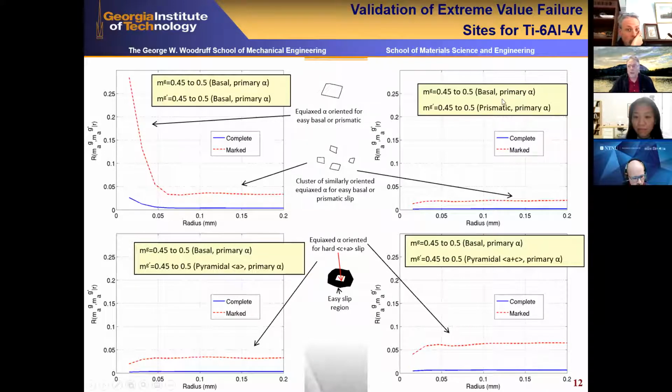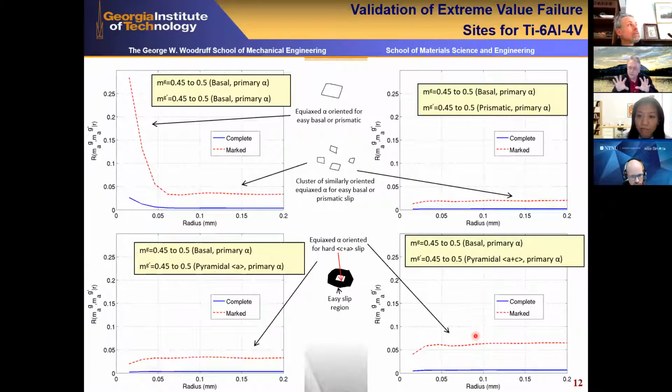To the right, we have a basal that's next to a primary alpha phase oriented favorably for prismatic slip, which is another favored slip mode. At the bottom, on the other hand, in these two charts, we have a basal favorably oriented for slip phase next to a phase that has a pyramidal orientation for slip, a pyramidal A, and to the lower right is a pyramidal A plus C.